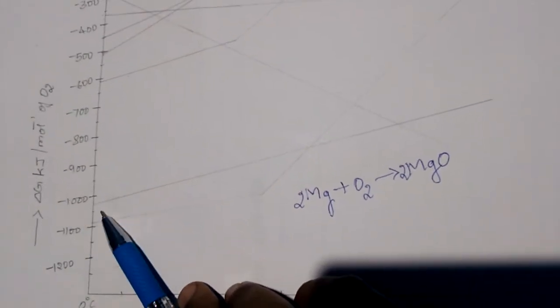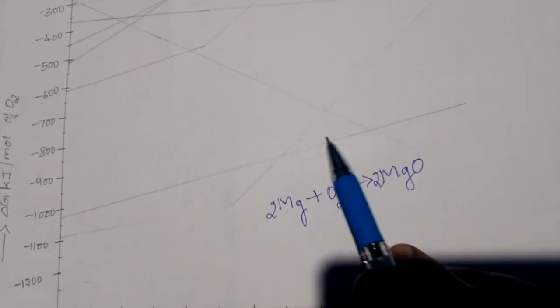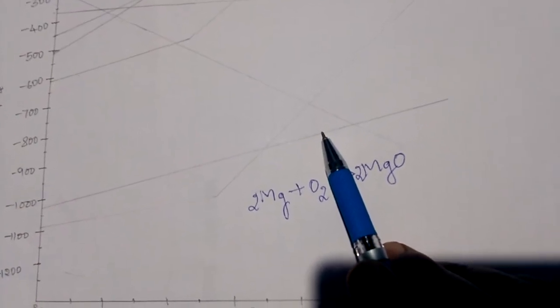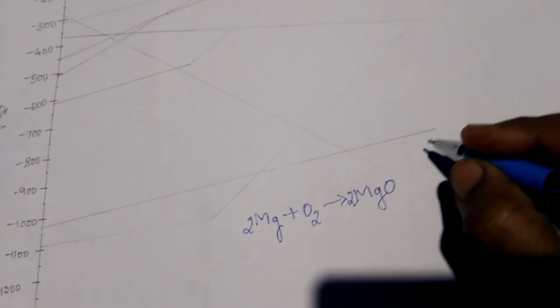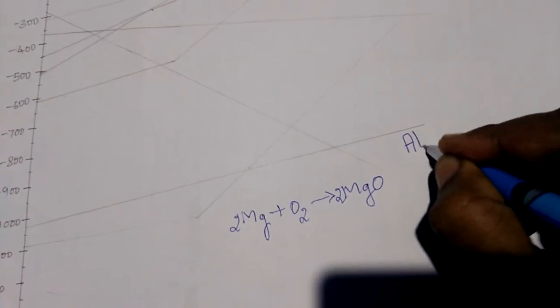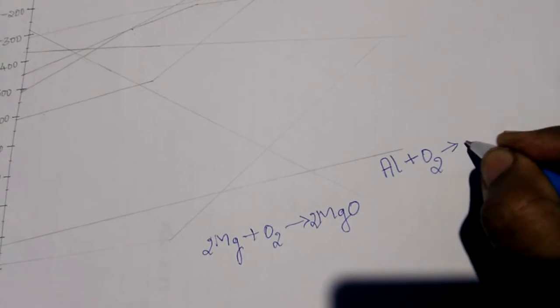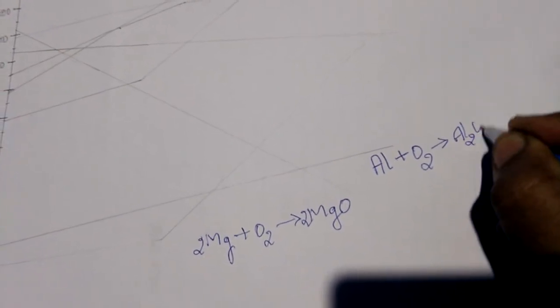Then this line is for the conversion of aluminium into aluminium oxide. So aluminium plus oxygen giving Al2O3.